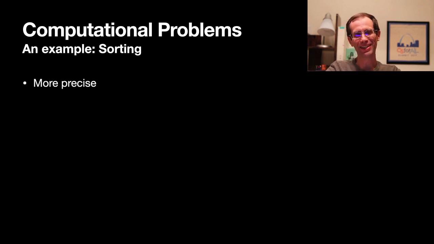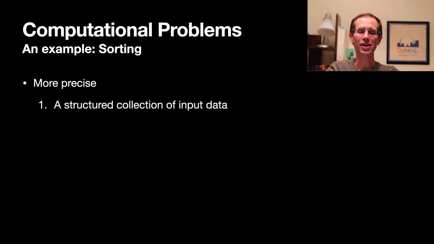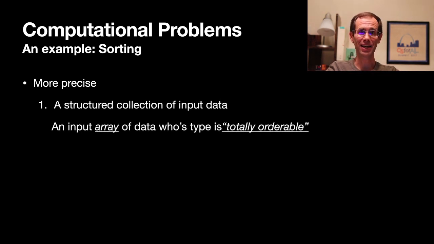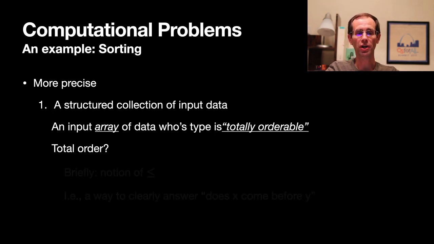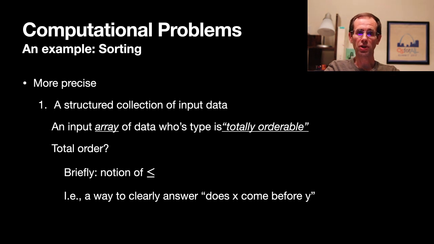Okay, so now let's be more precise about both of those points. A structured collection of input data, what we really mean in this case today is an array of data, and we want data that is of a data type that is totally orderable. In terms of discrete math, the data type must be a total order. A total order is something that basically has the notion of a less than or equal to operation.